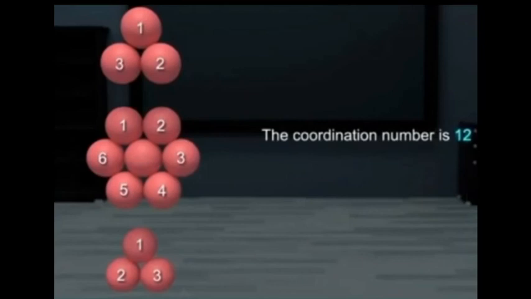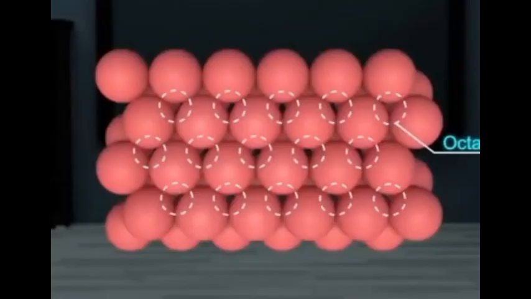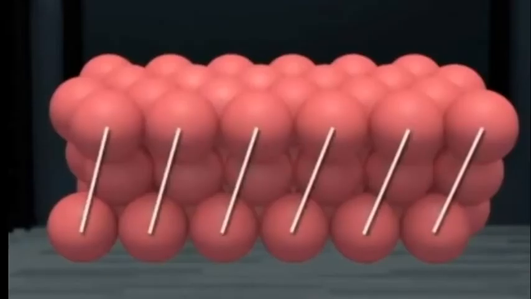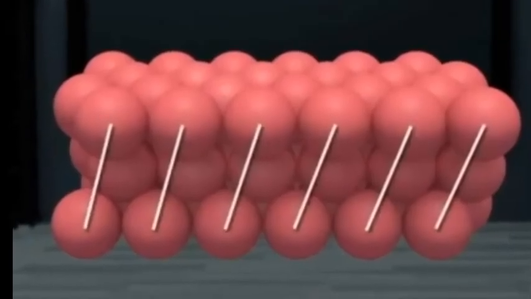Now we discuss the second point of placing third layer by covering octahedral voids. In this type, third layer is arranged above the second layer in such a way that spheres of third layer cover the octahedral voids. At that time, it is observed that first, second and third layers are not aligned. That means arrangement of all three layers is different.